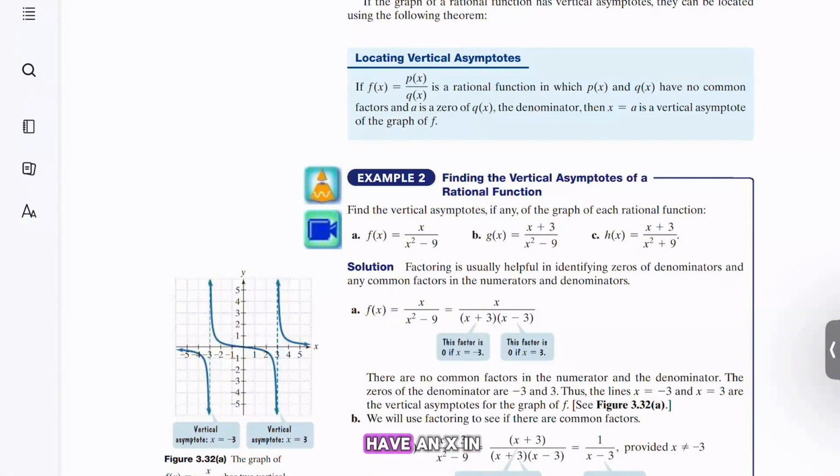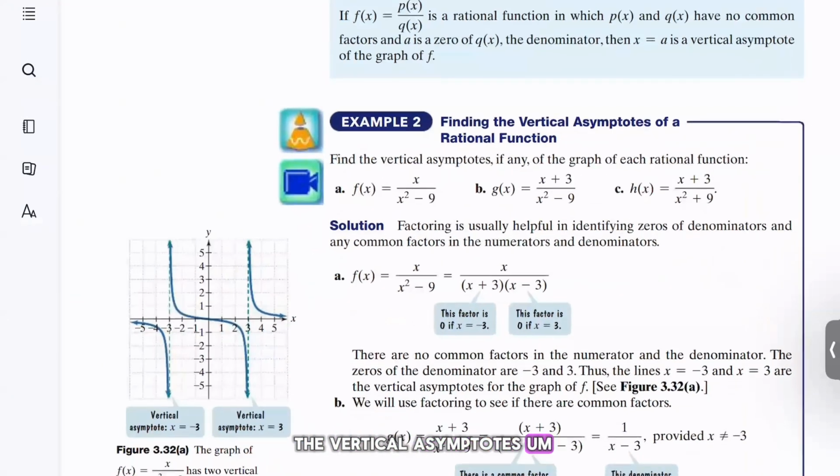Sometimes when you have an X in the numerator, it changes stuff a little bit. But in this one, you just factor, and there are no common factors in the numerator and the denominator. The zeros of the denominator are -3 and 3, and it just has the vertical asymptotes.